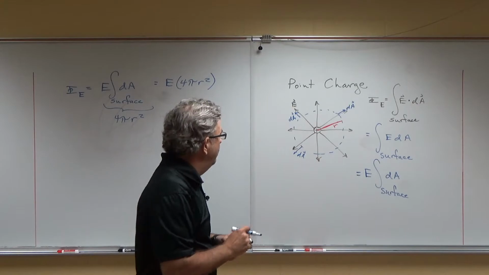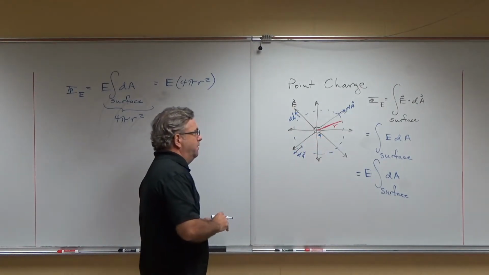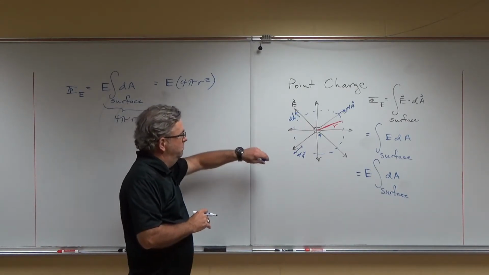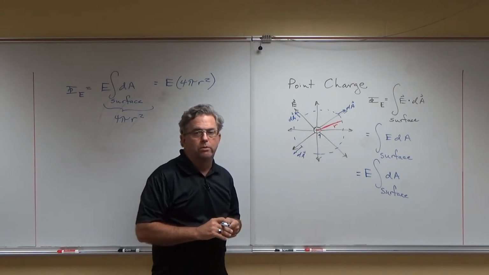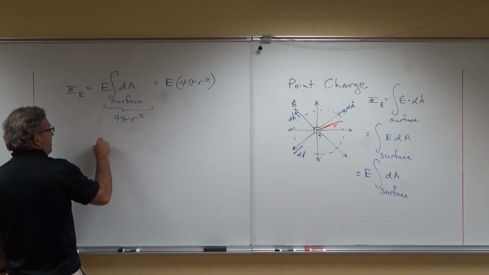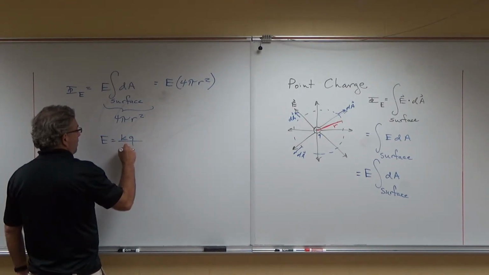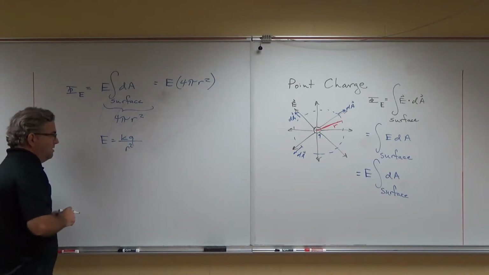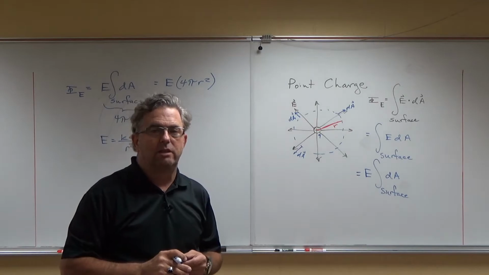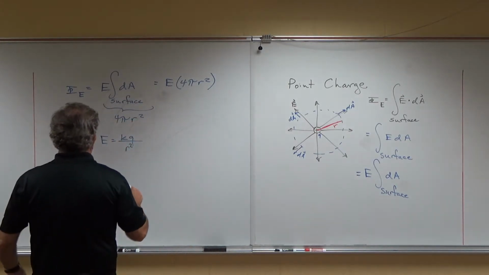But we're talking about a point charge. This is some point charge Q. We know the electric field at radius r due to a point charge. That electric field, E, is equal to KQ over r squared. That's the magnitude. I already took care of the vectors. So I'll substitute that in.